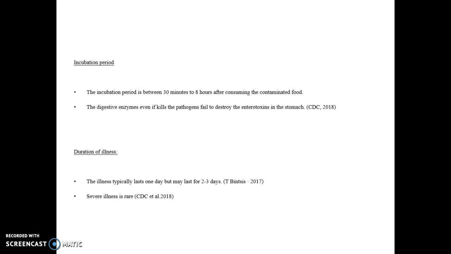But the severity of the illness is rare, as this illness can be easily treated by the consumption of water rich in electrolytes, or also by consuming foods which are low in fiber, such as banana, rice, apples, etc.